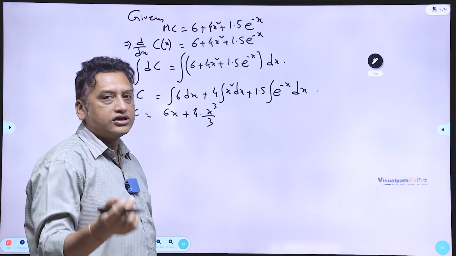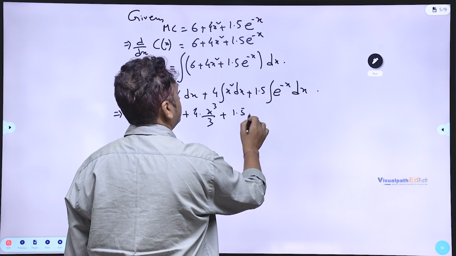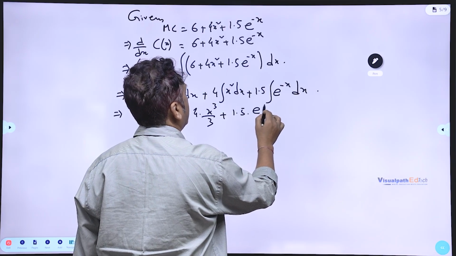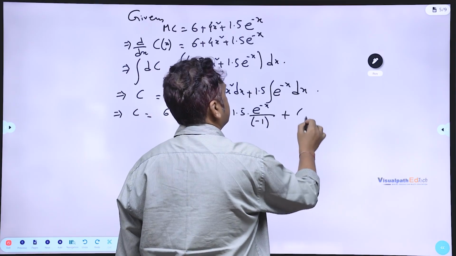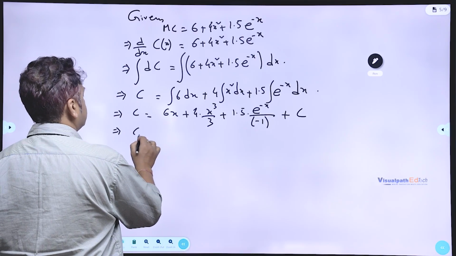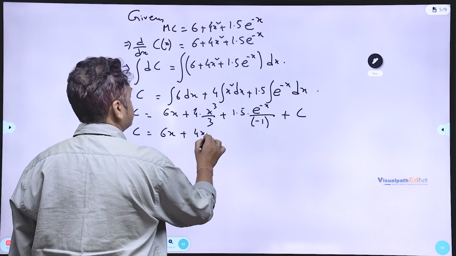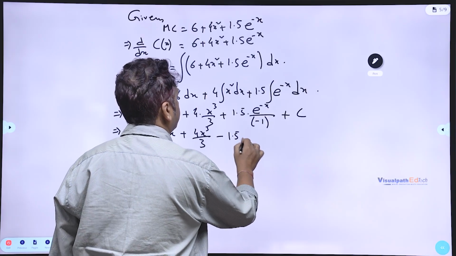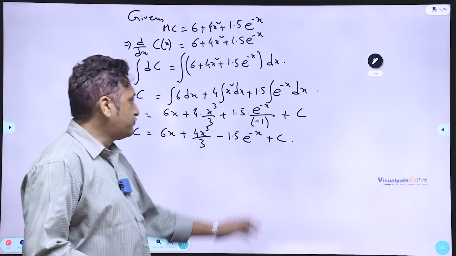How 3? 2 plus 1 by 2 plus 1. Plus 1.5 into e to the power minus x divided by minus 1 plus c. c is the constant of integration. So, we will get C is equal to 6x plus 4x cube by 3 minus 1.5 e to the power minus x plus c.